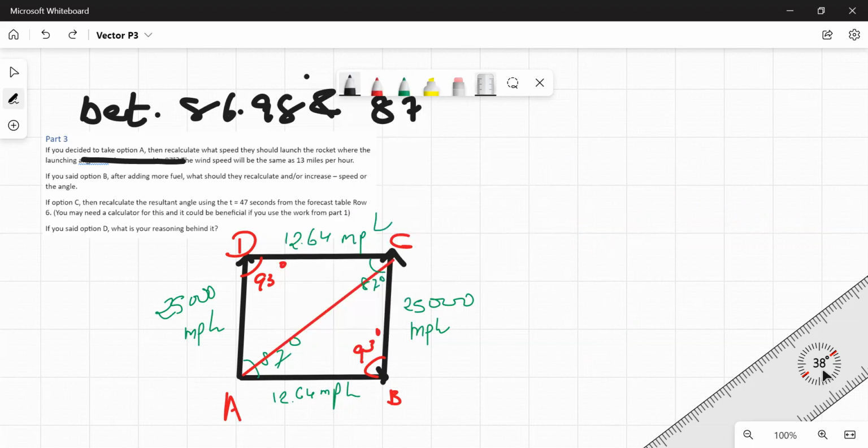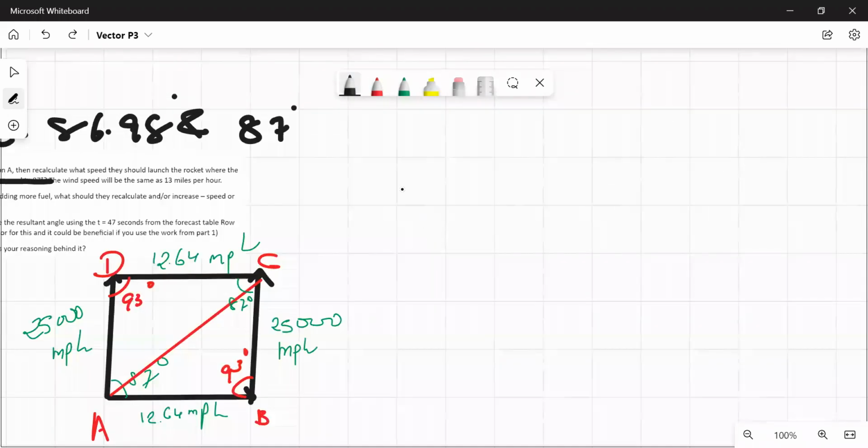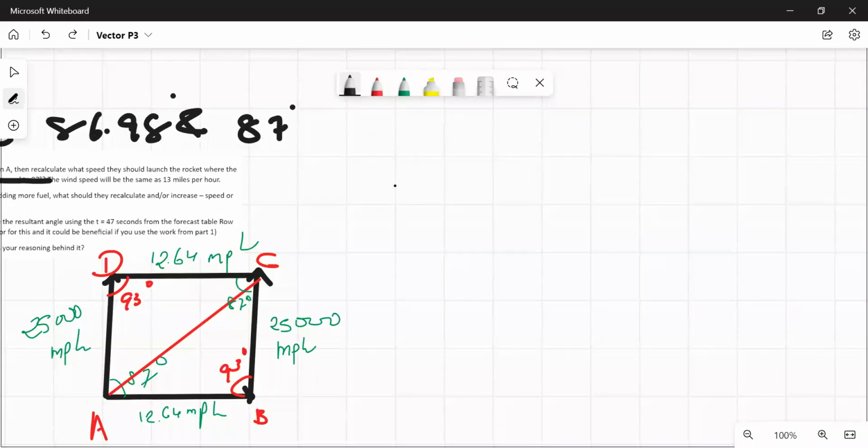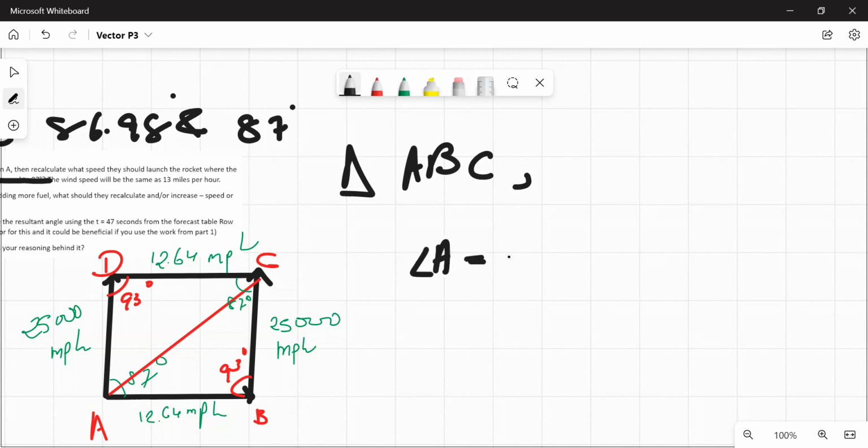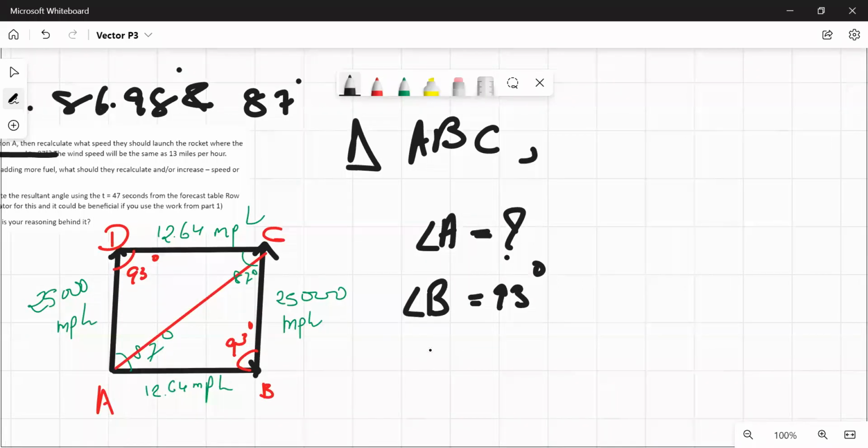All right, since we have got all of our stuff in, now we're just going to calculate. So in triangle ABC, angle A is unknown right now. Angle B equals 93 degrees. We'll just write out everything we have. Angle C is unknown.